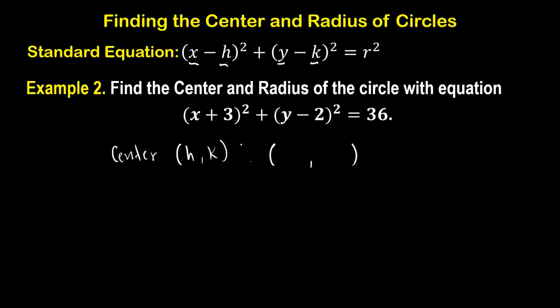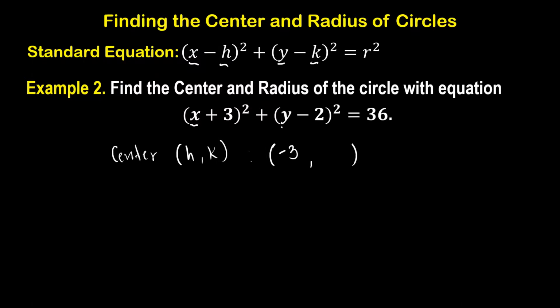From our given standard equation, since we have the x here, and your x is paired with 3, and the sign is positive, we can say that our h value is equal to negative 3.